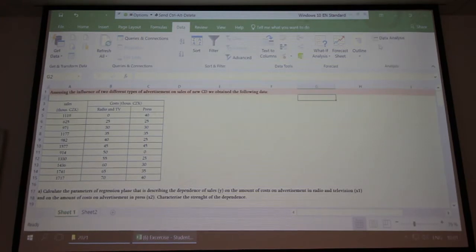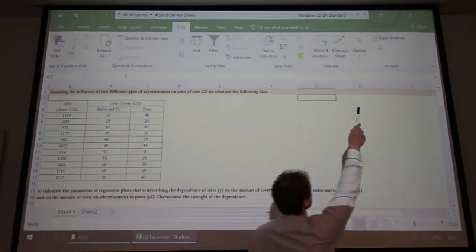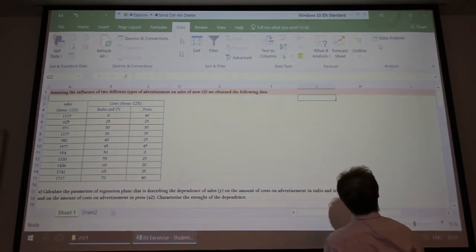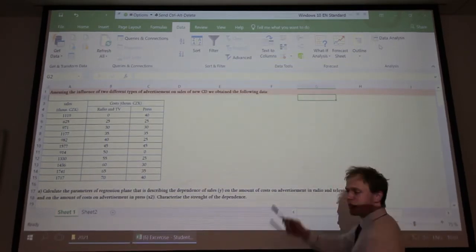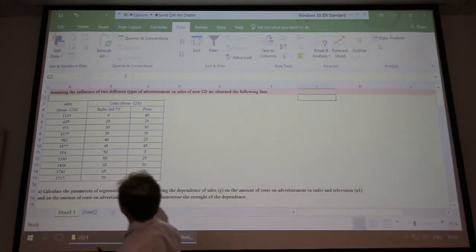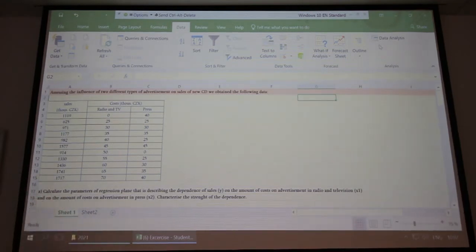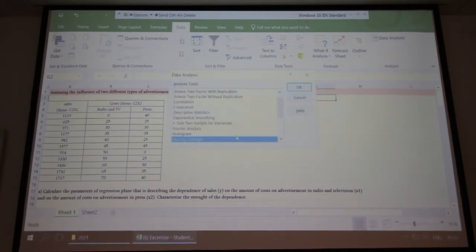OK. And on the data leaf, you will see Data Analysis in the right top corner. So please select Data Analysis, find Regression, and we will select the data set.